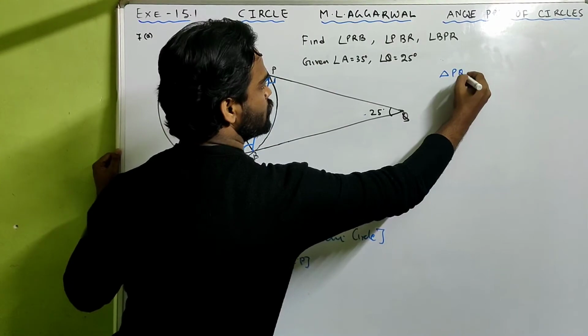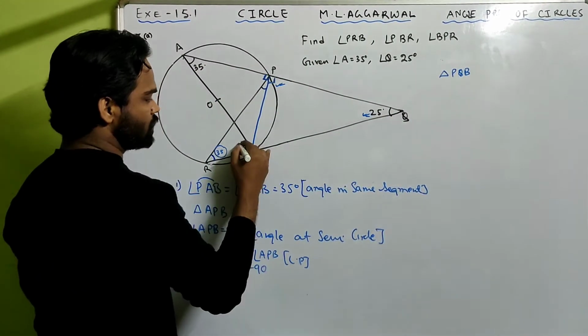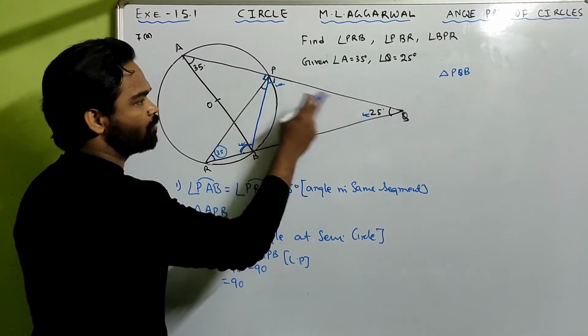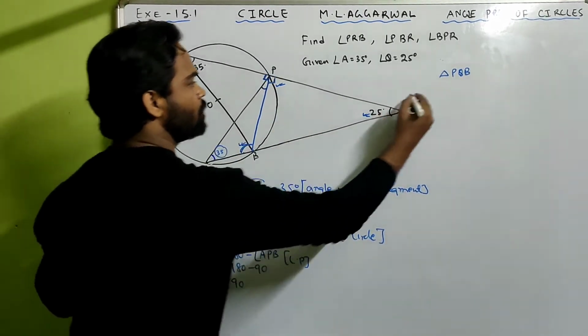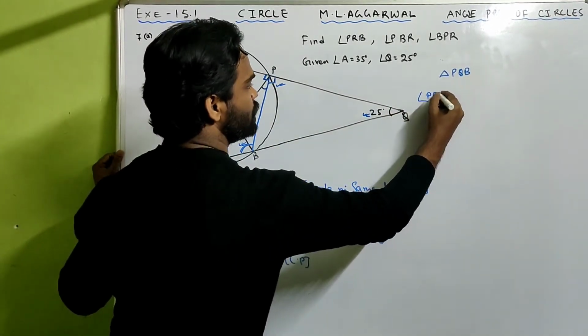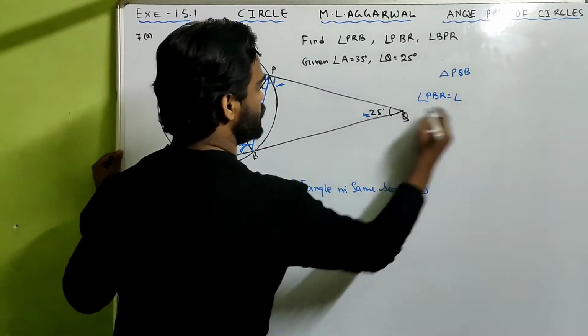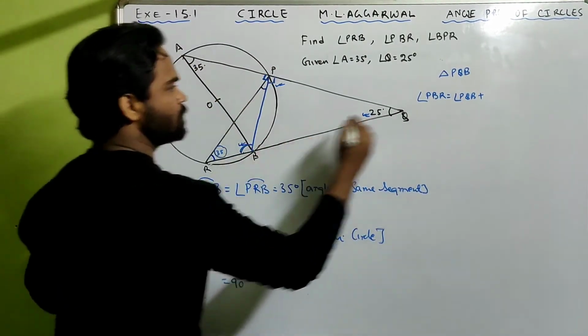This angle plus this angle will give you this angle. Exterior angle equals the sum of opposite interior angles. So we can say angle PBR will be equal to angle PQB plus QPB.